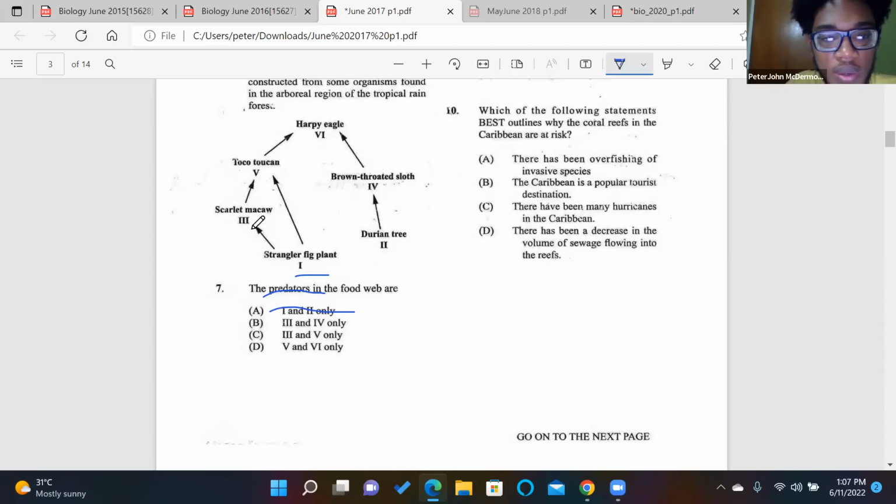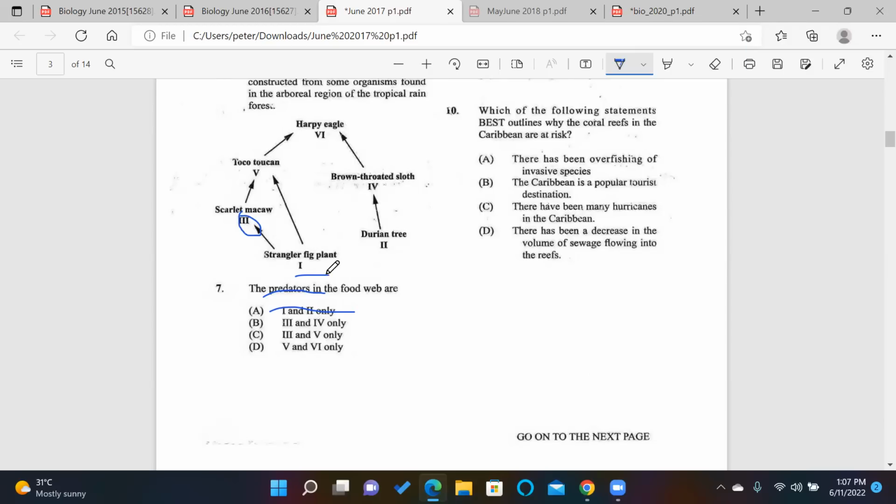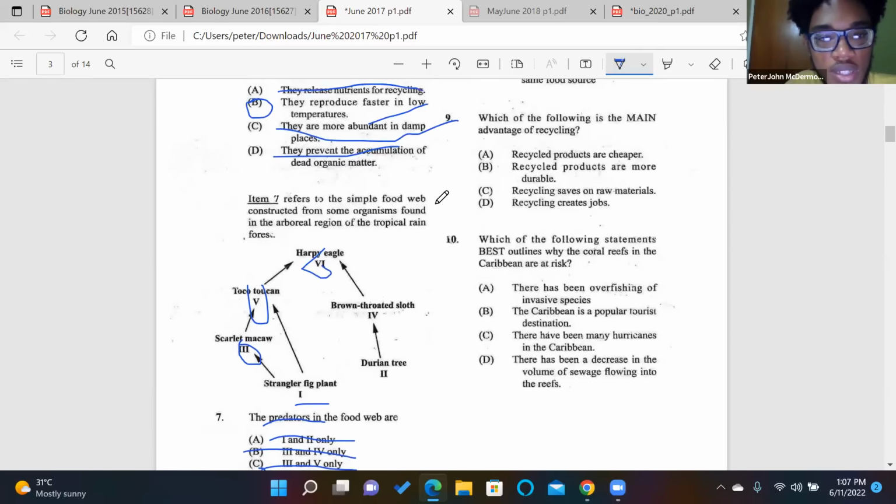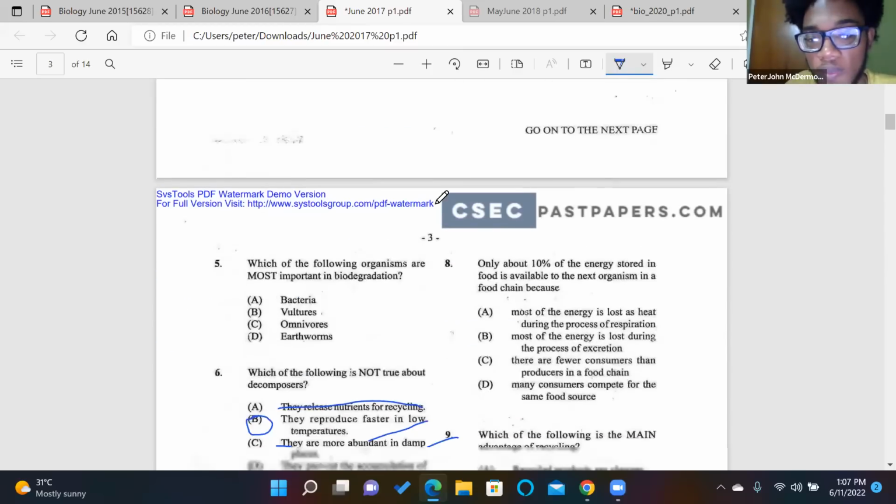Let's look at 3 now. 3 is a consumer, but it's a herbivore. I wouldn't call it a predator either, so anything with 3, we're crossing out. What are we left with? 5 and 6. What's 5? Eats this. 6 eats this. You see, we run into it really quickly.